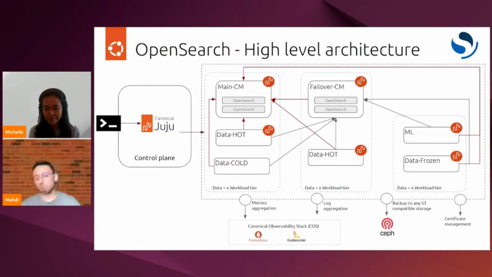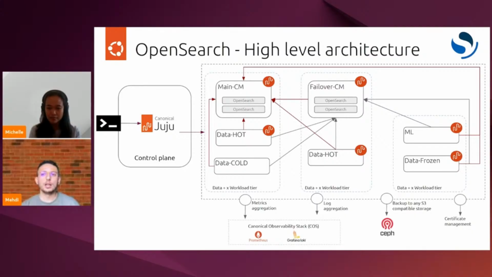Then the whole cluster fleet is observable, with Grafana dashboards, metrics on Prometheus, and so on. We deploy a whole observability stack that collects all of these metrics and monitors the whole cluster.